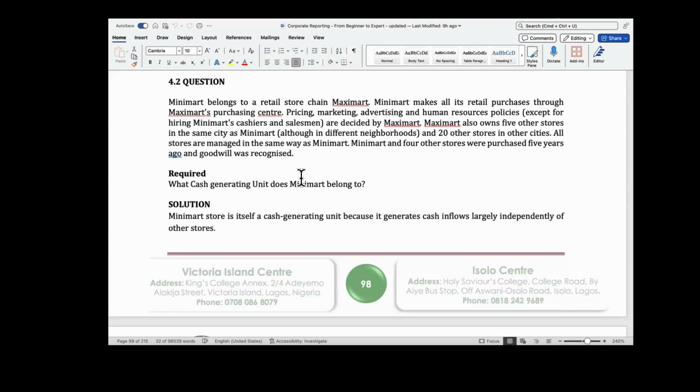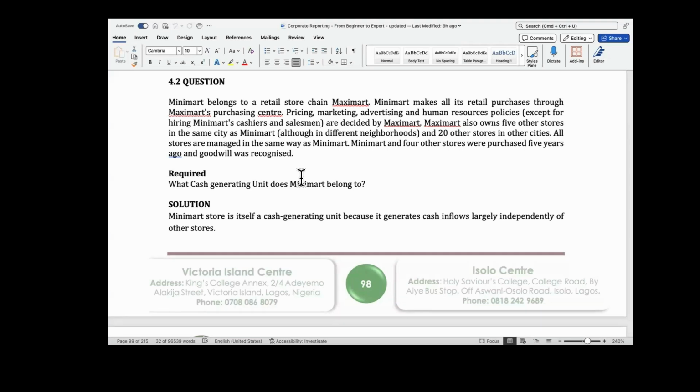All stores are managed in the same way as Minimart. Minimart and 4 other stores were purchased 5 years ago, and goodwill was recognized. Required: what cash generating unit does Minimart belong to?